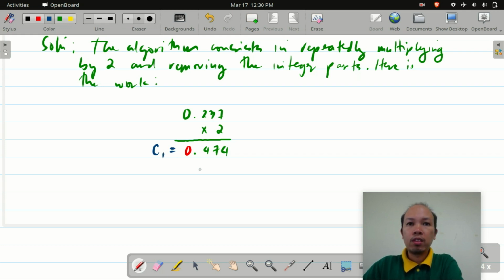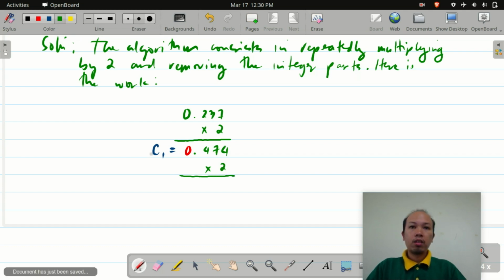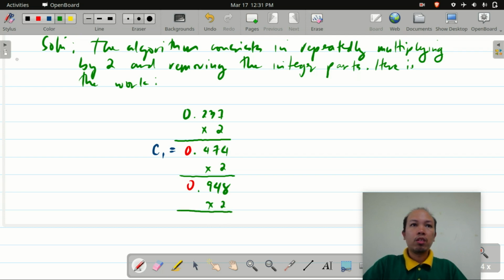Then let's multiply again by 2. 0.474 times 2 is 0.948, and this integer part is C sub 2.